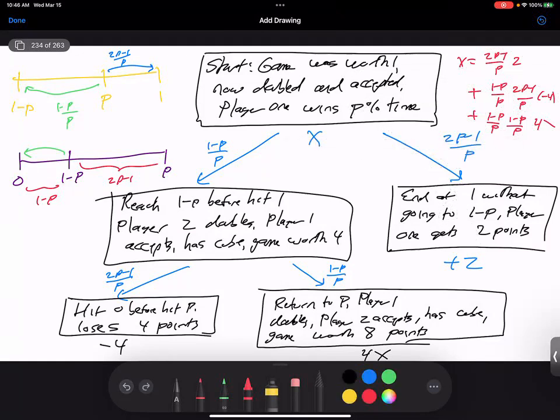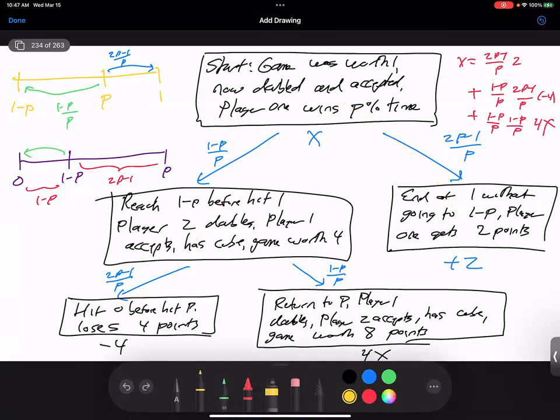The 3 paths we have to worry about is we have this path to 2, we have this path to -4, and we have this path for x.